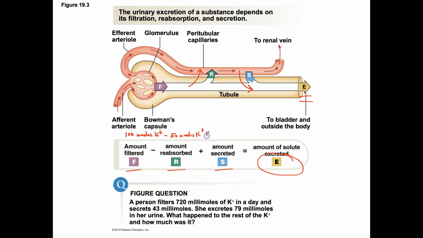Let's say we secrete 10 millimoles of potassium. Then our final excretion would be 100 minus 50, so 50, plus 10, so that would be 60 millimoles of potassium being excreted from the body. So we can look at what is filtered minus what gets reabsorbed and put back into the cardiovascular system, plus whatever we put back in the nephron, secretion, to determine what is excreted from the body.